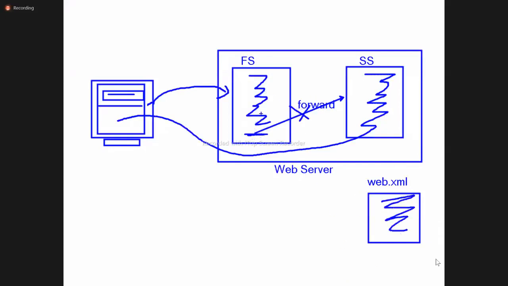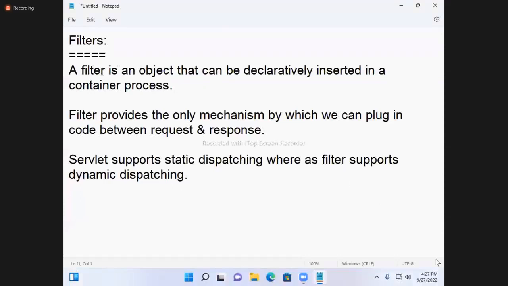This is called programmatically. To which servlet you are forwarding, that servlet URL pattern you are writing here. That is called programmatically. If you write in the XML, that is called declaratively. That is the main difference. But if you use filters, no need to write it here.